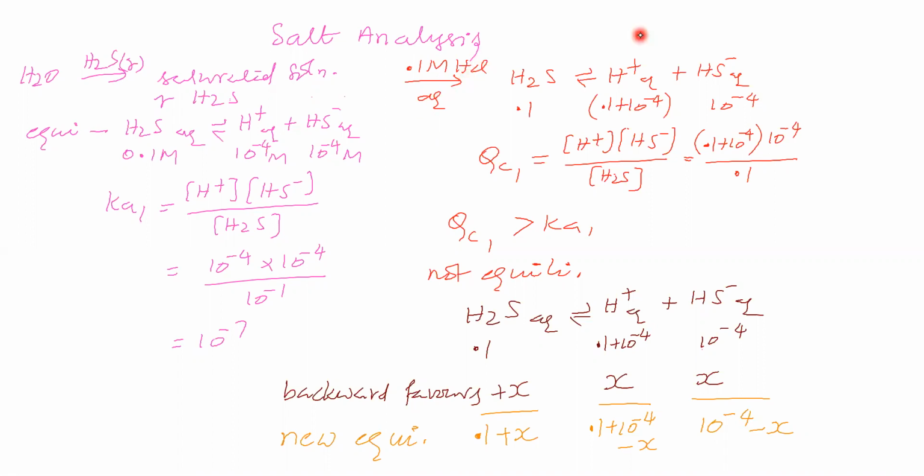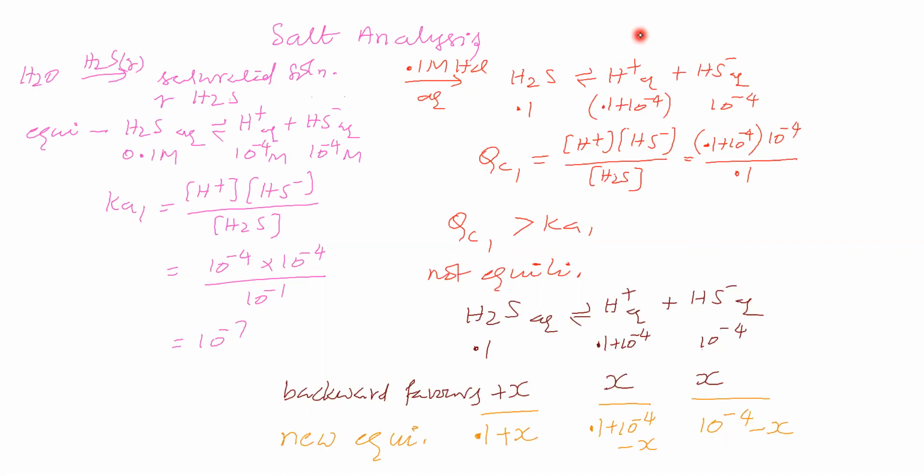One student says that the concentration of HS minus decreases due to the addition of acid. What is this effect? Due to the addition of HCl, that means H plus, the concentration of HS minus decreases.